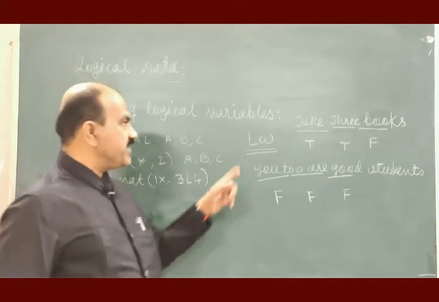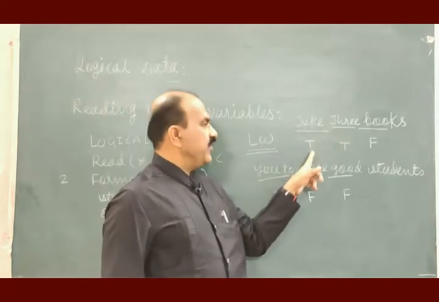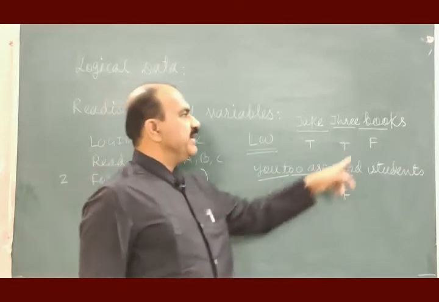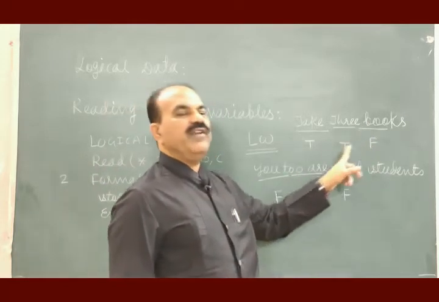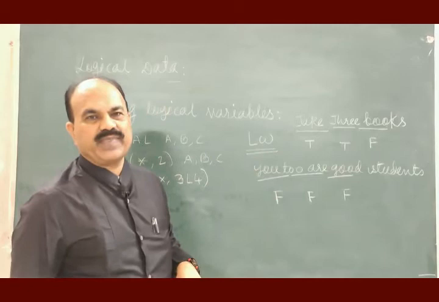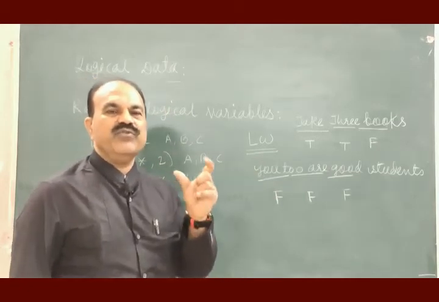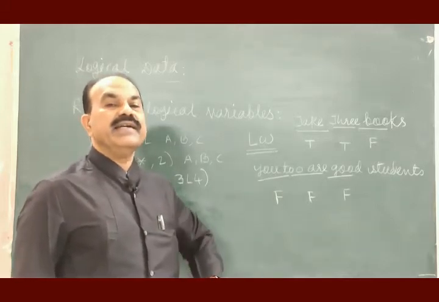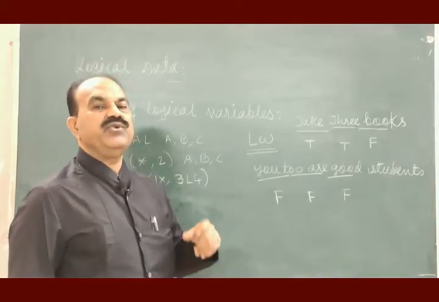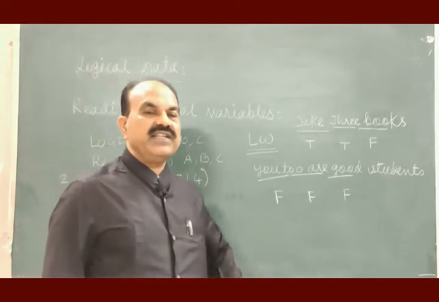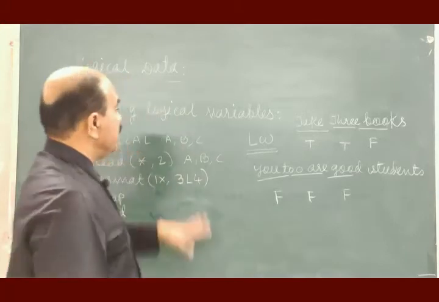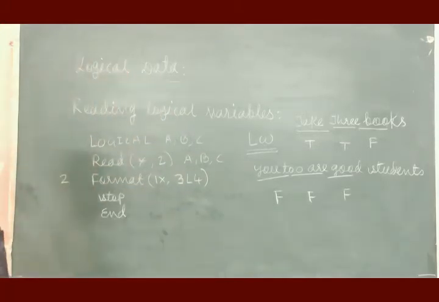If that letter is T, true will be assigned to A, true will be assigned to B, F will be assigned to C. If the first letter of the word inputted for A is T, true is assigned to that variable. If the first letter is not T, false will be assigned to that variable. This is how logical variables are read.